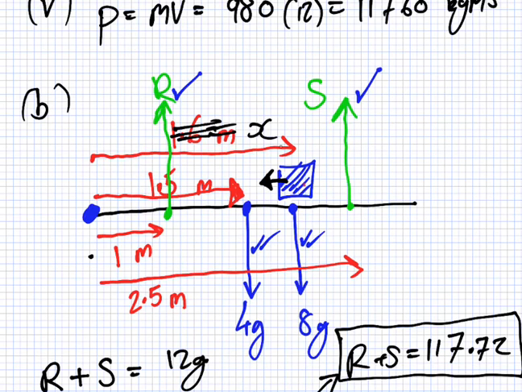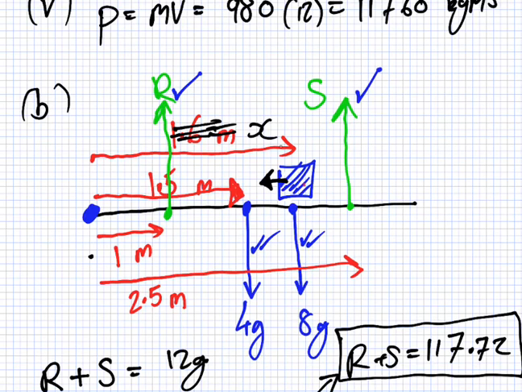Yes? The block is before R. Possibly, but what does it mean for numbers? S is 0. They're saying push this until S is 0. Because if S was 0, it means now it's no longer in contact. Think about it.